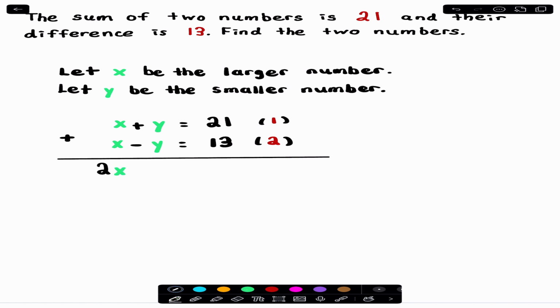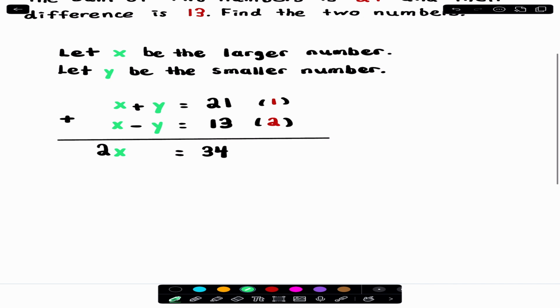Y plus minus y goes away. And 21 plus 13 is 34. And see, from here, everything is easy, because we can find x very simply by dividing both sides by 2. You get x equals 17.